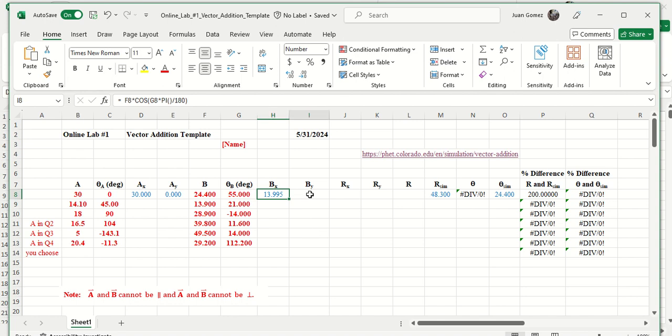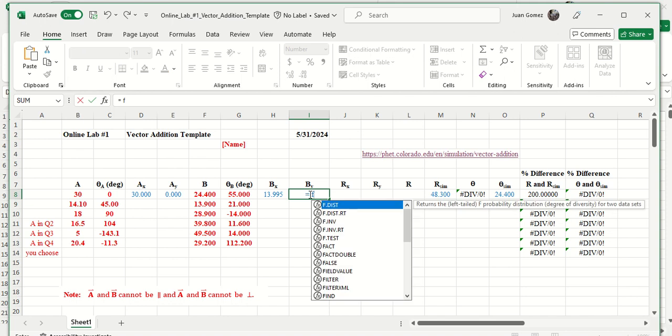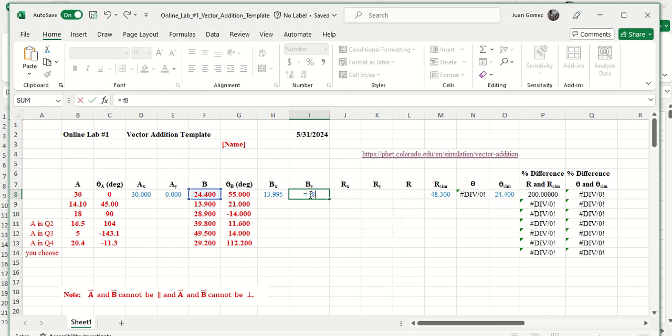Now I have to do the same for BY. BY is equal to F8, and remember, it's sine, so times the sine of G8, then times pi, left and right parentheses, divided by 180, close parentheses, hit check.